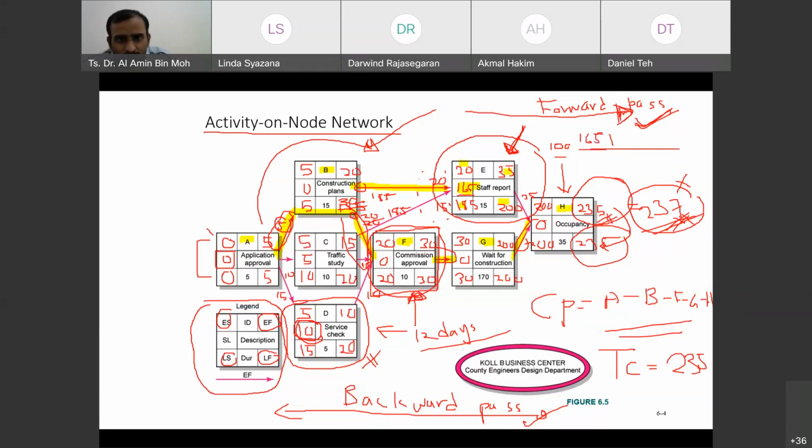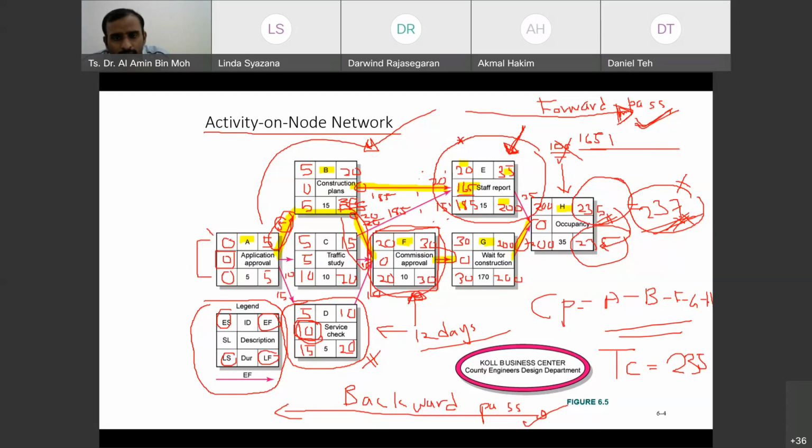This is not a critical activity, with slack 165. So by delaying 100 days, it won't impact the whole completion time of H. Thus, the completion time would remain 235. Did you get it now?